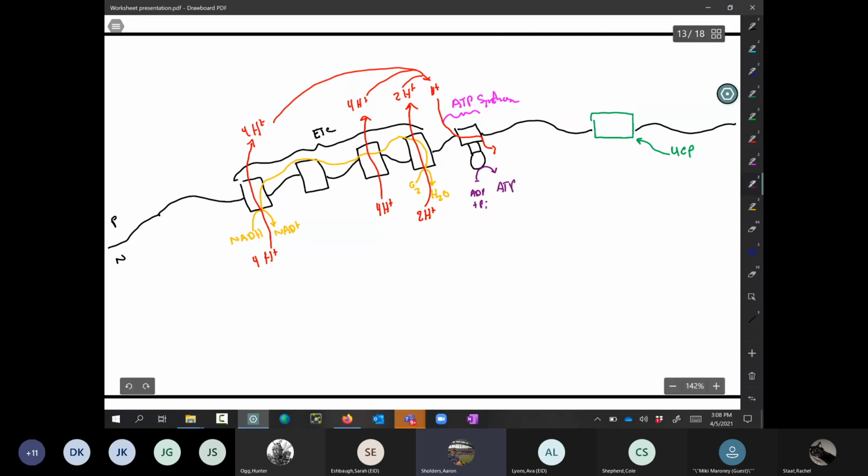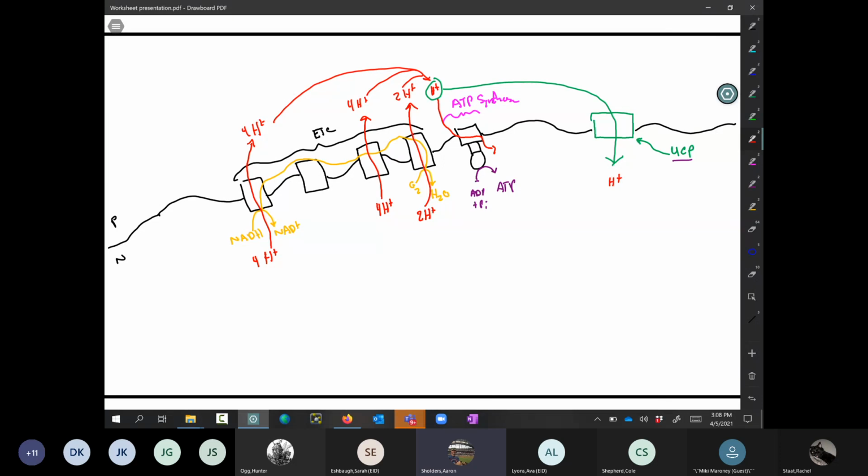Here's the interesting thing about brown adipose tissue. Brown adipose tissue comes equipped with this uncoupling protein, which allows these protons to also move through this environment and end up on the inside.